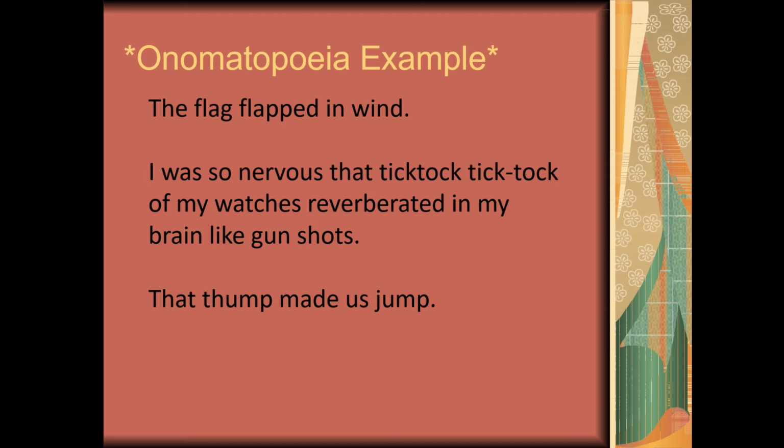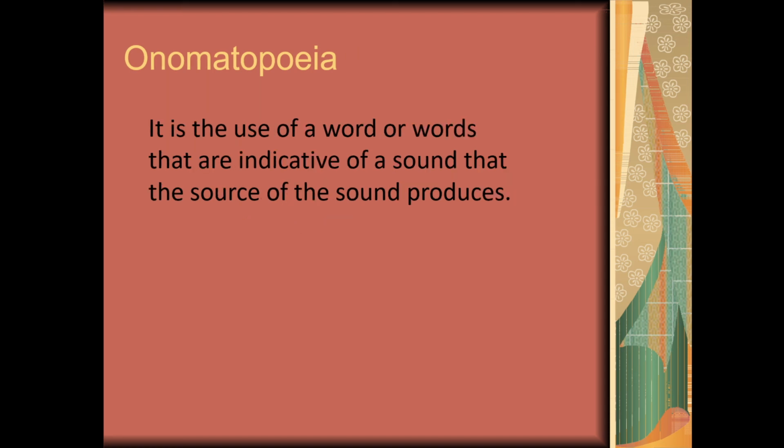Again, onomatopoeia is just, let's go back, it's a lot easier: it is the sound that the source of the sound produces. My phone rang. That's onomatopoeia because my phone produced the ringing sound. But both must be there: the sound and who produced it.